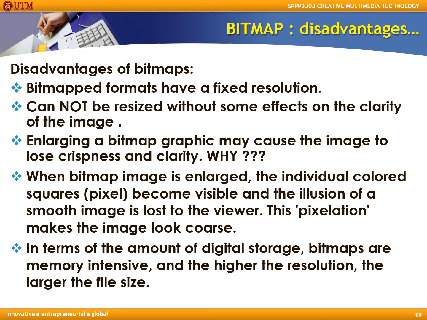If you zoom in, it doesn't matter how much you zoom in, the quality will stay the same. Okay. When the bitmap image is enlarged, the individual colored squares, pixels, become visible, and the illusion of the smooth image is lost. So, as we saw in the example of the human eye, if you zoom in, you can actually see the real pixels of this image.